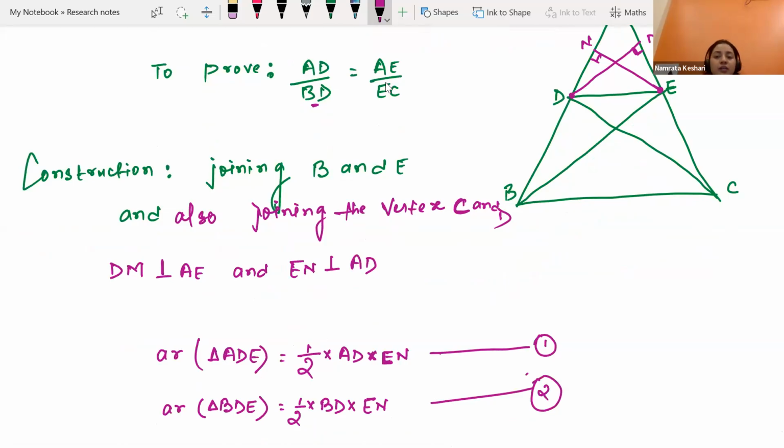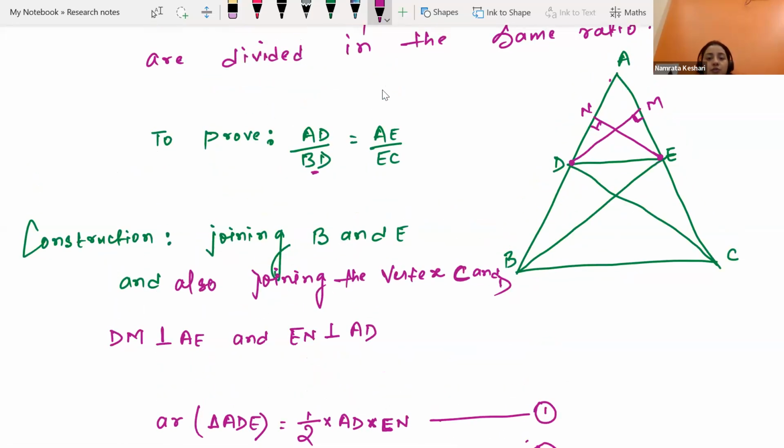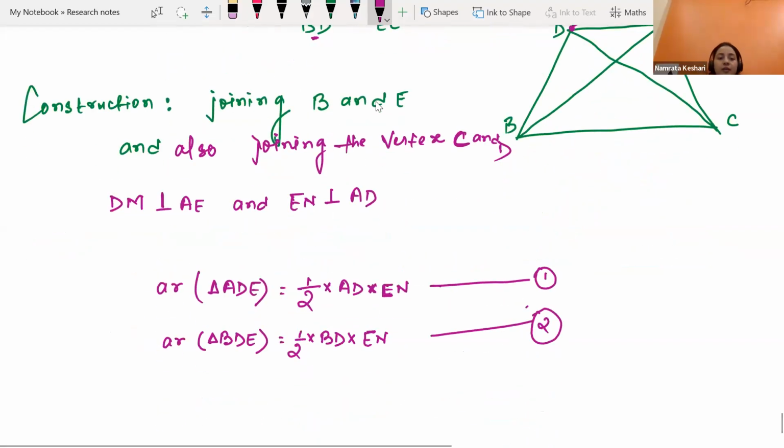Similarly, equation 3 and equation 4 also we will be writing, focusing on our proof AE. So we are going to choose such a triangle where AE must be there. Again, triangle ADE will be there, and this time we'll be finding the area by taking a different base and different height.